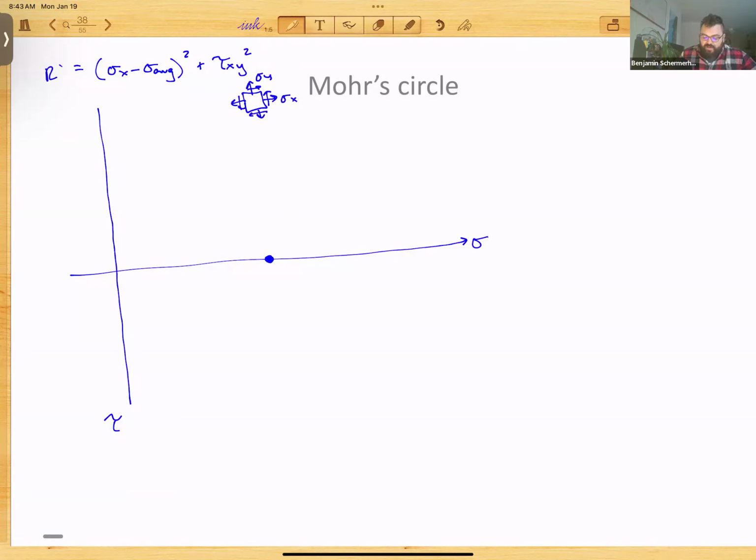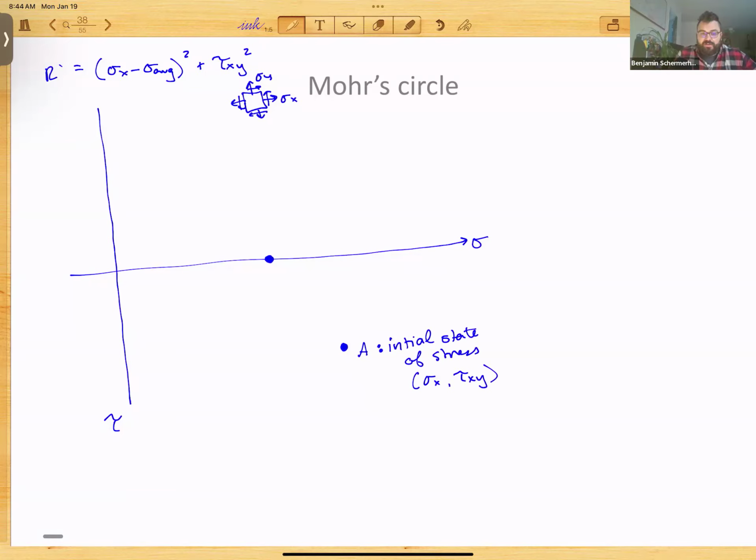Our initial state of stress is going to be given by plotting sigma x and tau. So this we can just say is going to be our point A, which is our initial state of stress. We're going to have these labeled on a diagram on your equation sheet, which is why I'm labeling the same letters now. Initial state of stress, which is given by sigma x, tau xy.